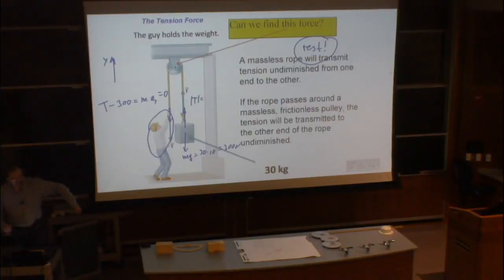But according to Newton's third law, if this is the force acting from the hand on the rope, and this is the force acting from the rope on the hand, both have to be equal to exactly the same number.